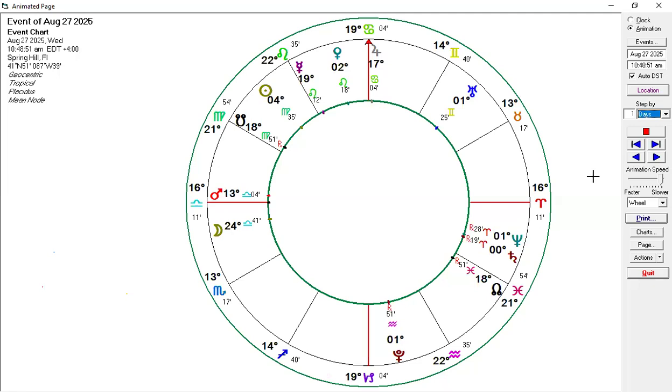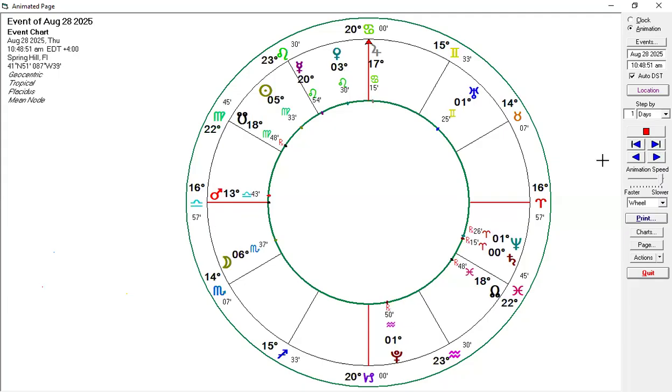And then as we go into Thursday, it's a little bit quieter. The moon is finishing up, but still in Libra. But then when it goes into Scorpio, it's a bit intense. You could examine your emotions.